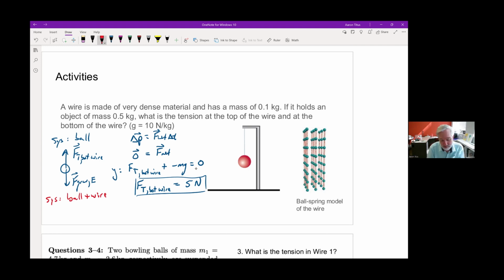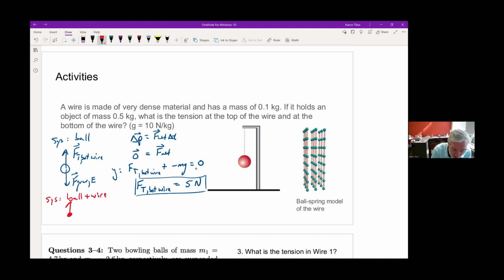So what everyone mentioned, you define your system as the ball, and what that gives you is the tension at the bottom of the wire. And then when you define your system as the ball and wire together, and I'm just going to draw this still as, I don't know how you teach students to draw your system. I just often have them draw a dot anyway.